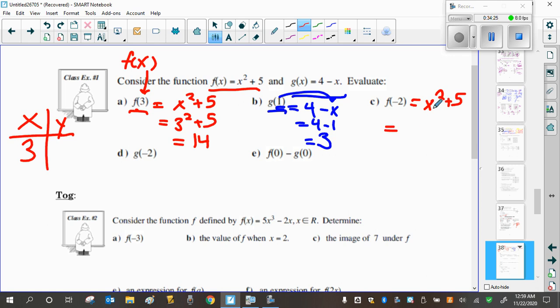X squared means negative 2 squared in brackets. Negative 2 squared plus 5 equals the best number in the whole wide world. Let's write down brackets here. Very important. Go ahead and do D and E, please.